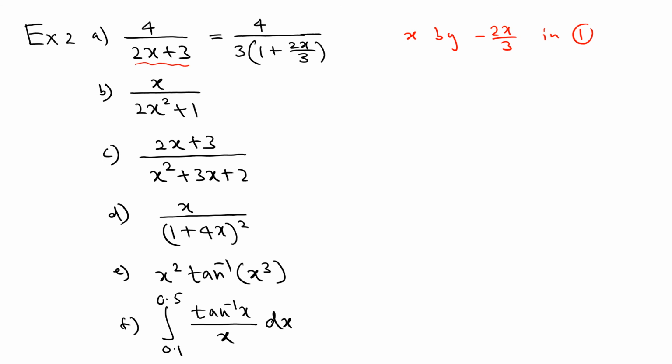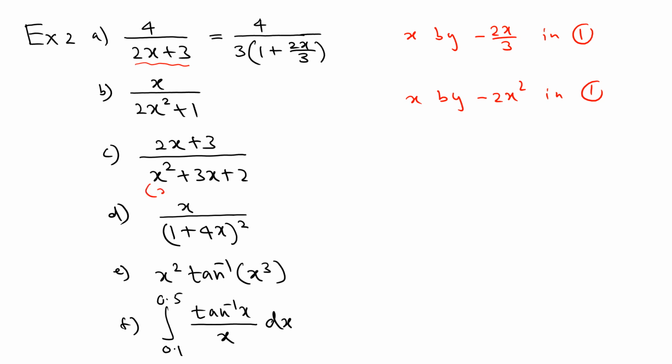The second one is easy. There's a 1 already there. So for the second one, you have to replace x by negative 2x squared in series 1. You can try the rest. But the third one is really interesting. You can see it's quadratic, so what we normally do is factor this.